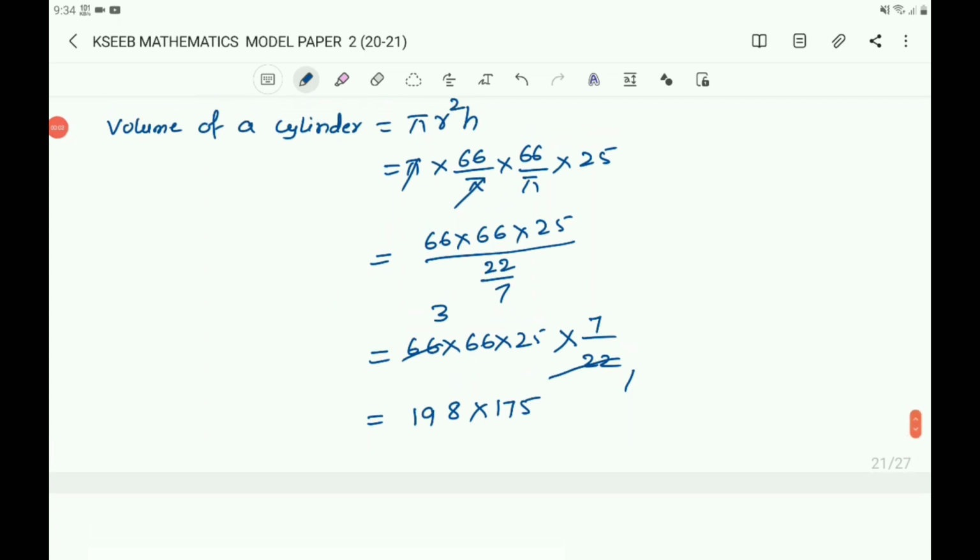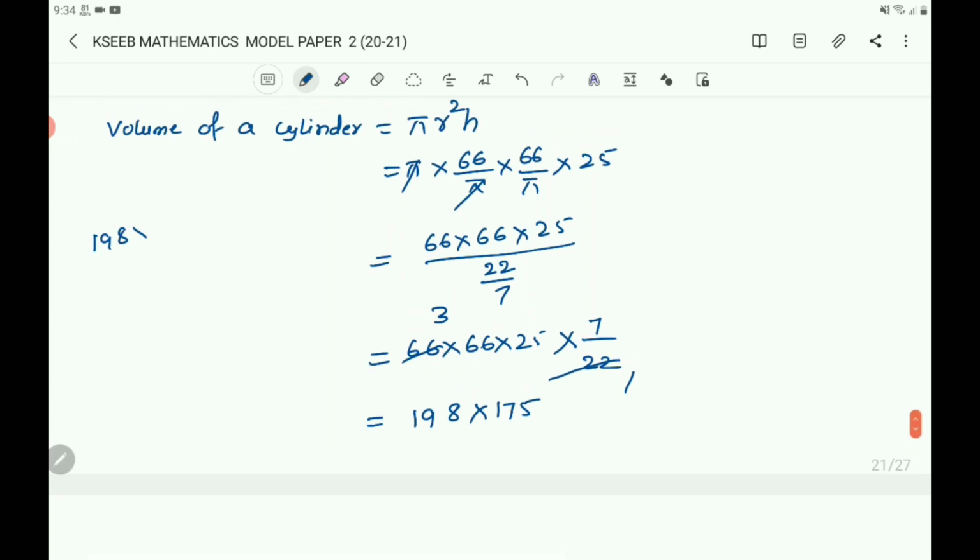Then you get the product of 198 into 175, that is 5 8s are 40, 4 carry, 5 9s are 45, 45 plus 4, 49, and 5 1s are 5 plus 4, 9. Then you take 7 8s are 56, 7 9s are 63 plus 5, 68, 7 1s are 7 plus 6, 13.